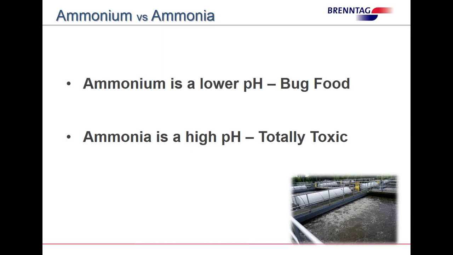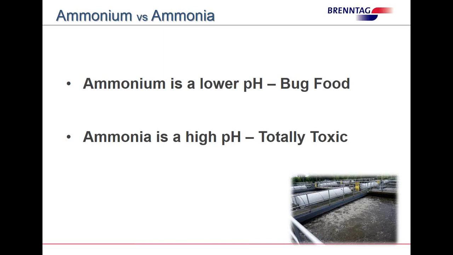Okay, let's talk about ammonium versus ammonia. Now, ammonium is ammonia, but at a lower pH, okay? And I put out here to the sides bug food. If you get ammonia and you get a high pH, it's going to be totally toxic to the bugs. I get a lot of lagoon calls, and there are some lagoons that I do work with, and have in the past.